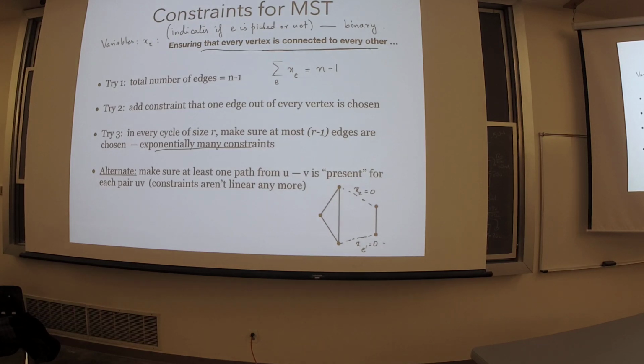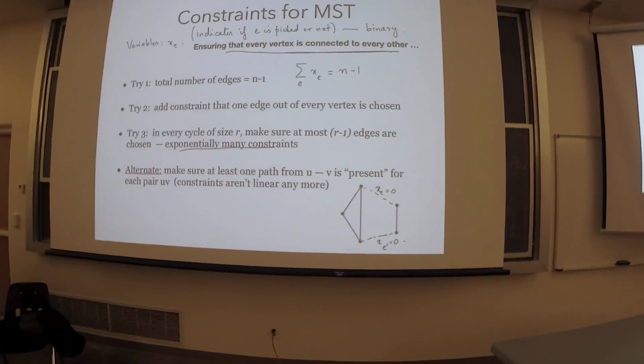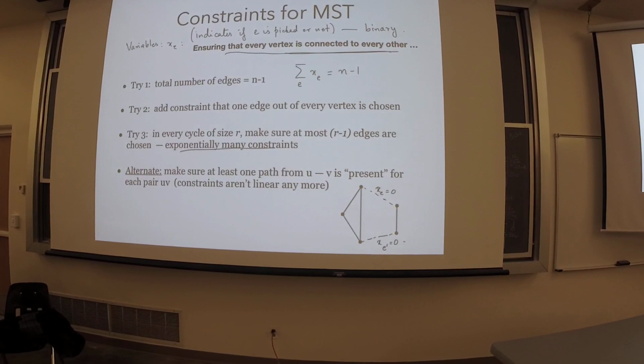Assuming the size of the cycle is, for example, 3. So is it a number of edges? Yeah, so here what you will have is, let's say I number the edges as 1, 2, 3, 4, 5, 6.